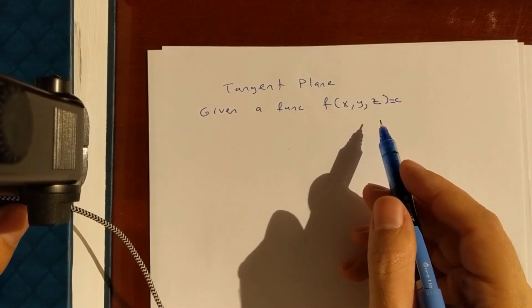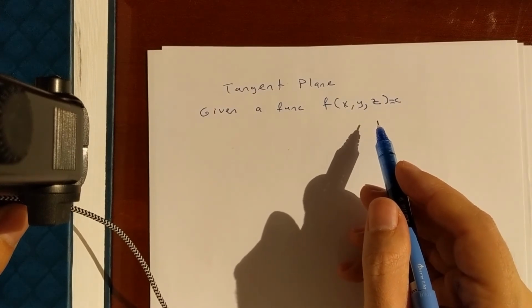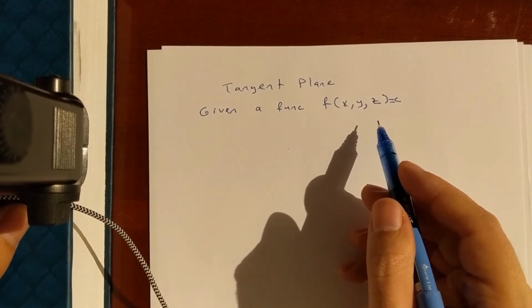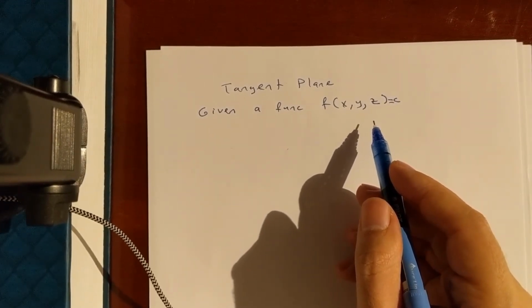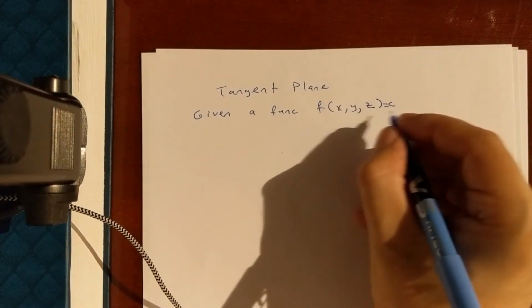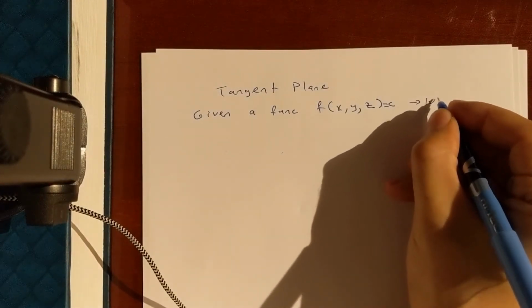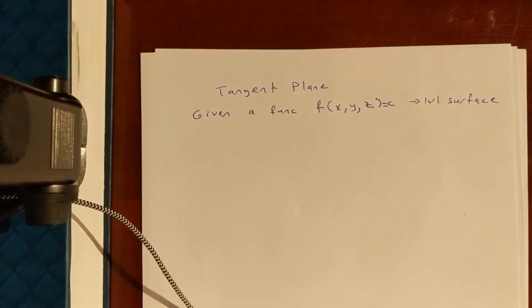So what's going to be tangent to this level surface? Well, it's not going to be a line because lines are not well defined for surfaces. It's going to be a tangent plane. So this is the level surface. Because it's four-dimensional, it's not going to be a curve anymore.